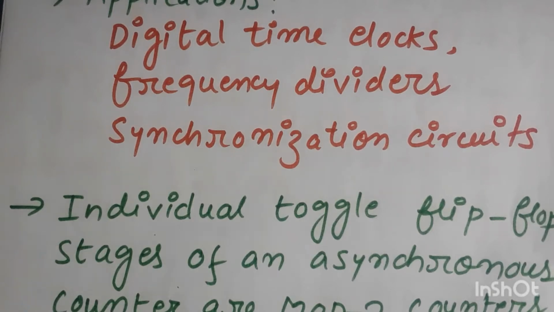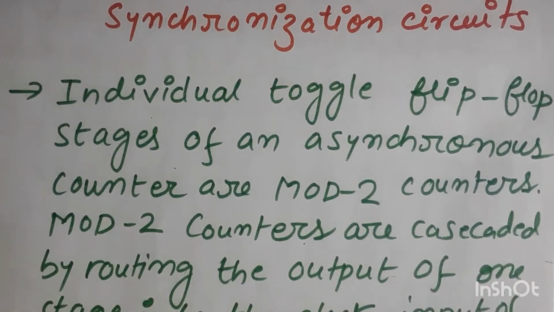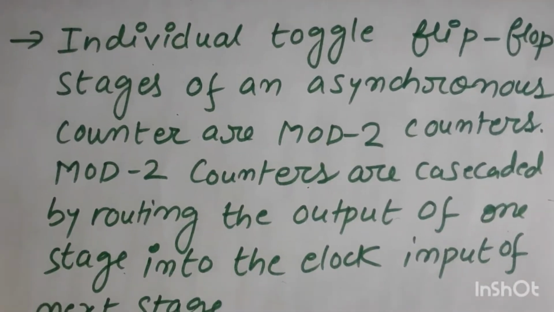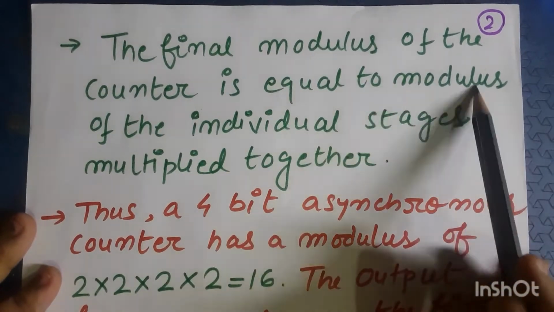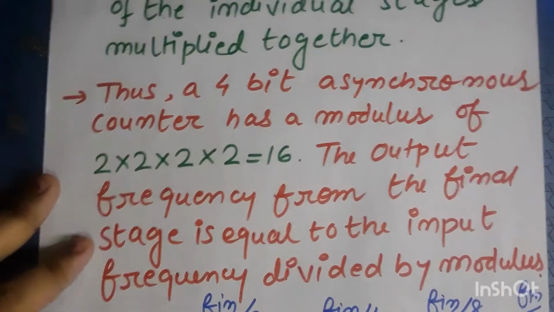Mode 2 counters are cascaded by routing the output of one stage into the clock input of the next stage. Let's see with the figures. The final modulus of the counter is equal to the moduli of the individual stages multiplied together.